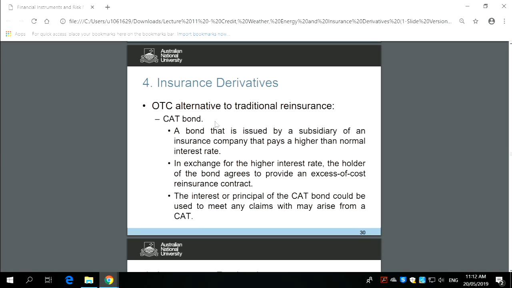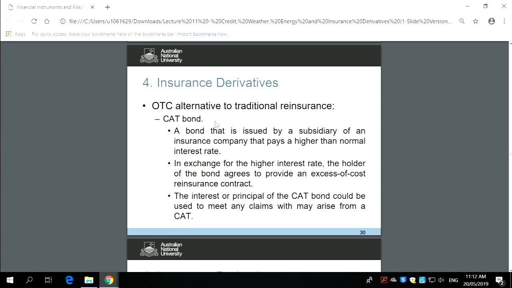Why is it paying higher than normal interest? Because it is in exchange for the bondholder's agreement to provide excess loss reinsurance. Let me elaborate on how this works.